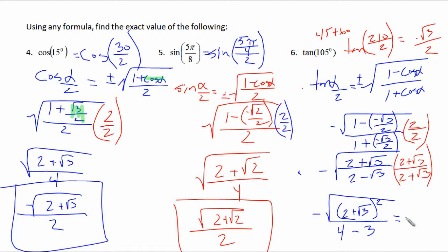And this would be 1 in the denominator. I have a negative out here. Square root of the square is going to be 2 plus square root 3. And we'll flip it over and go to the next page.